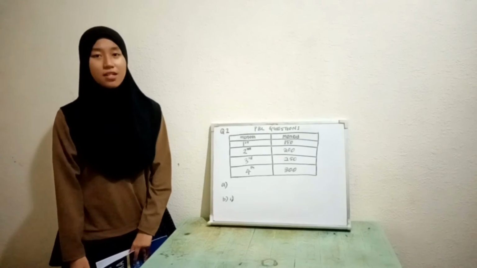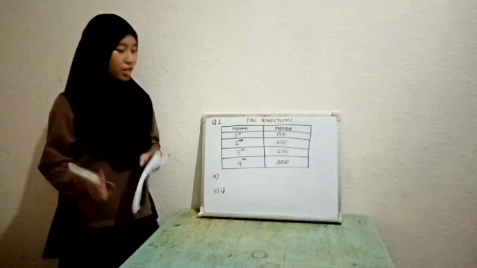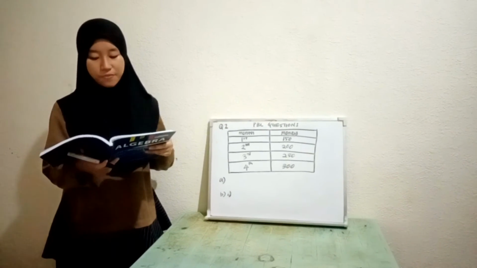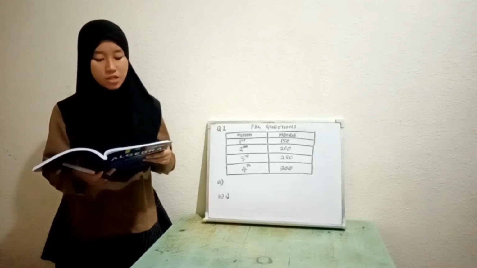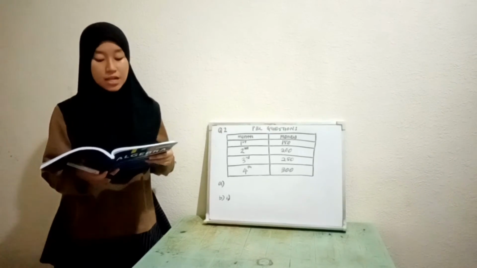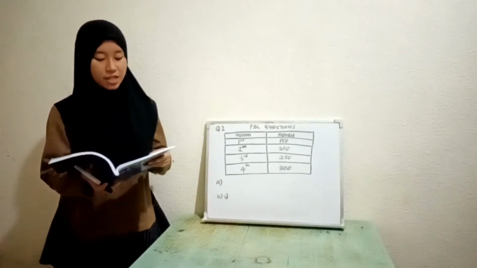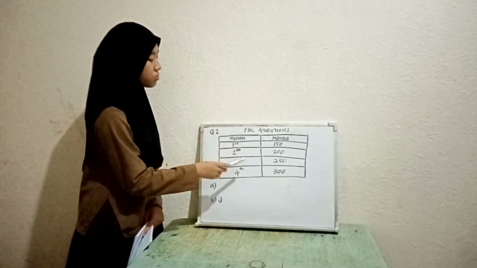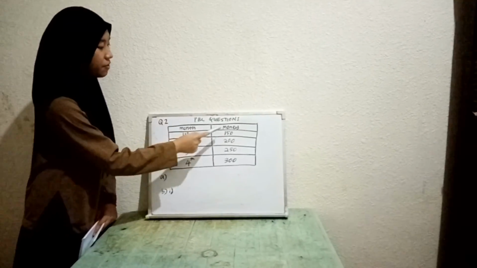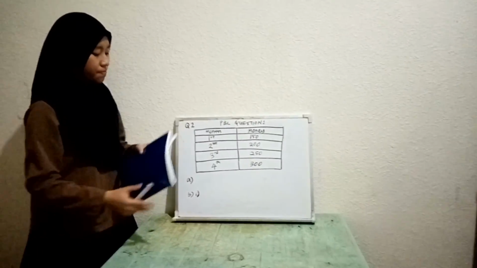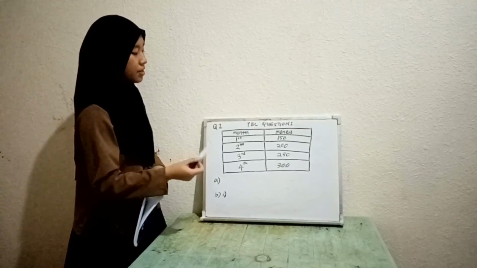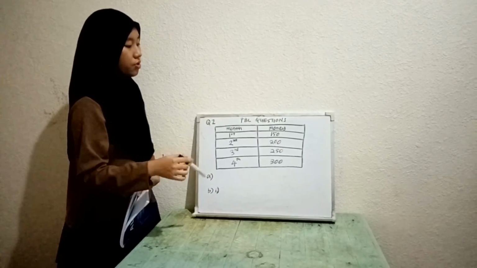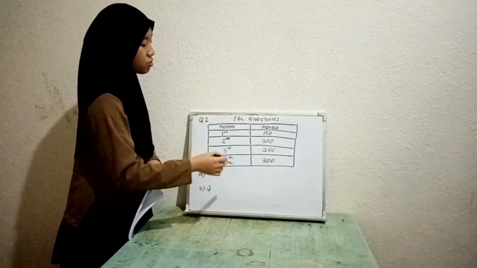I want to present for the PBL questions, question 2. This question asks us: your brother who is in secondary school wants to buy a new iPhone which costs 999. The first month he saved 150. Each month thereafter you gave him 50 ringgit. So to make it easy, I divide two columns. The first column is month and the second column is money. For the first month, my brother saved 150, and for the second month, I give him 50 ringgit, so the money increases.